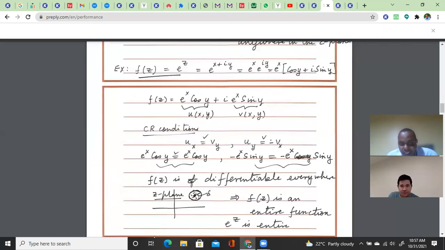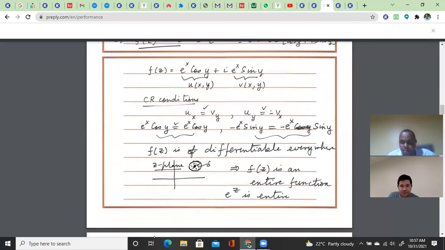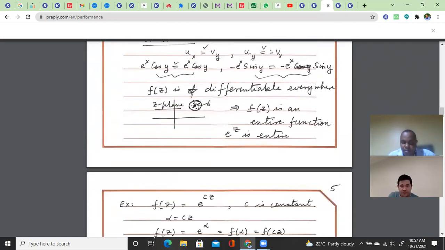So f of z is an entire function. Entire means that it's going to be analytic at every point inside the domain D, not only inside, but also on the domain, everywhere.